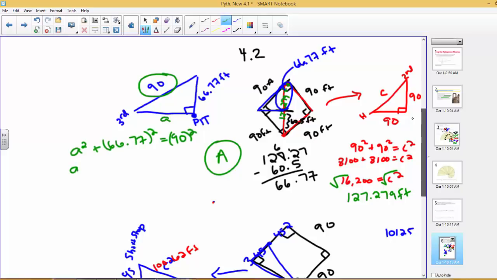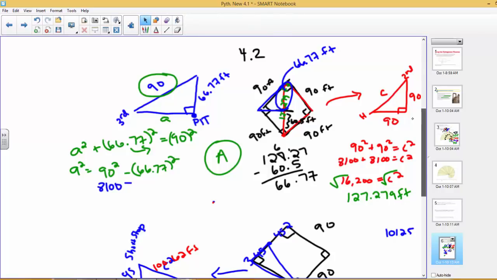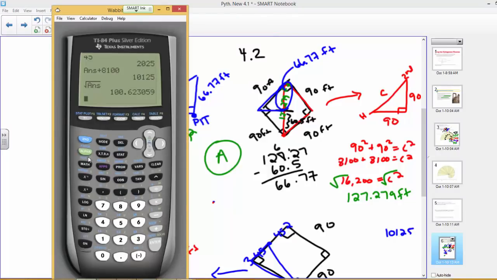So to solve for A squared, you'd actually subtract this. So it's 90 squared minus 66.77 squared, and then take the square root. So 8100 minus 4458.232.